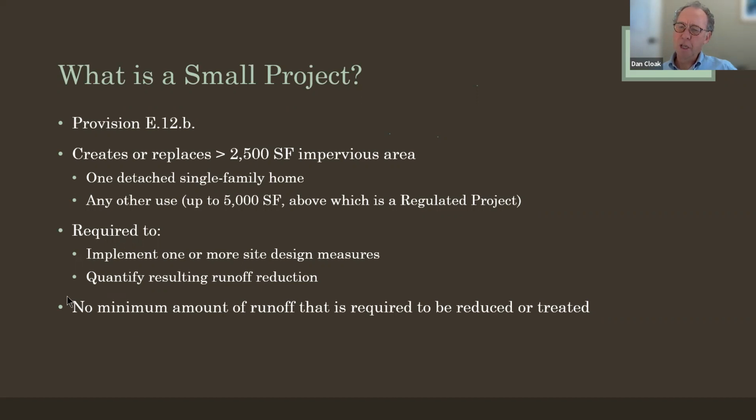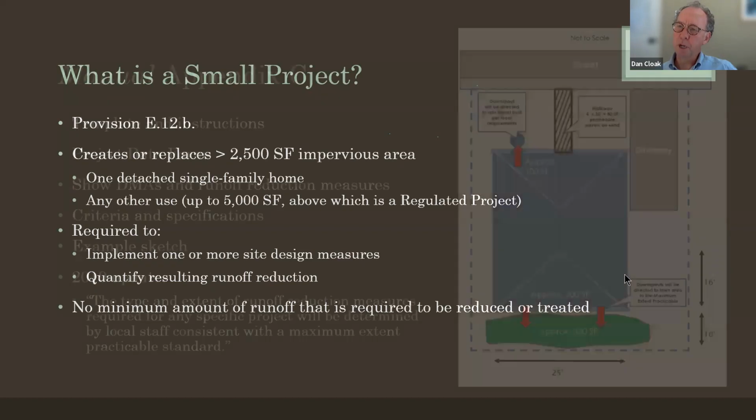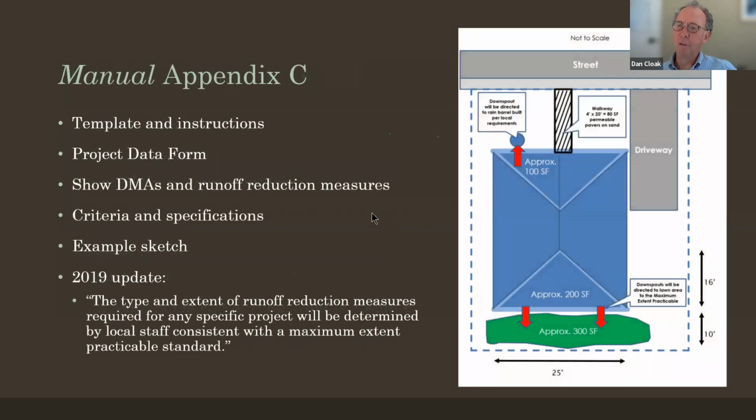There is in the permit no minimum amount of runoff that is required to be reduced or treated. However, we'll get to the changes in 2019 that were made to the manual to clarify this and the expectations of municipal reviewers.